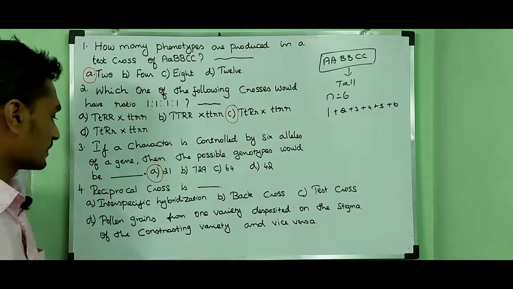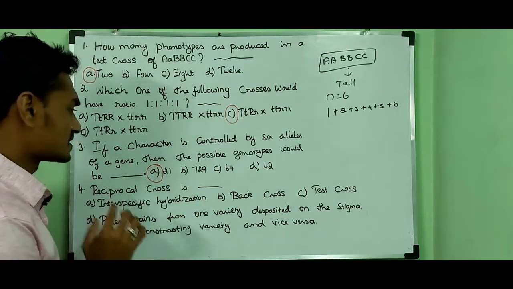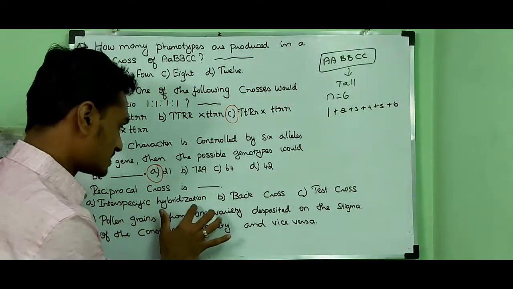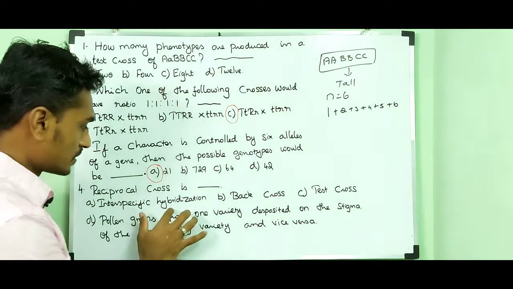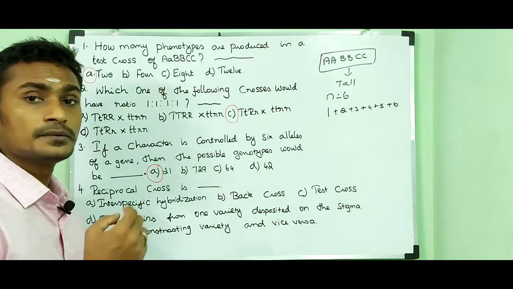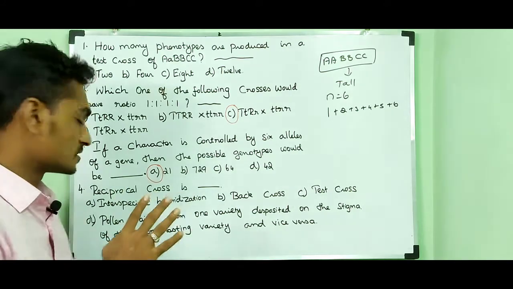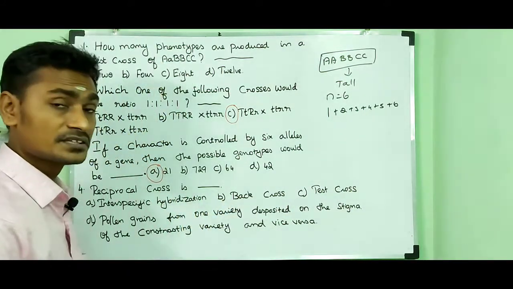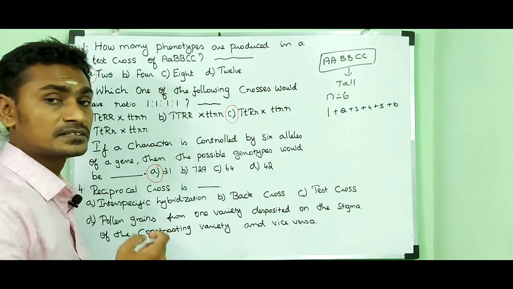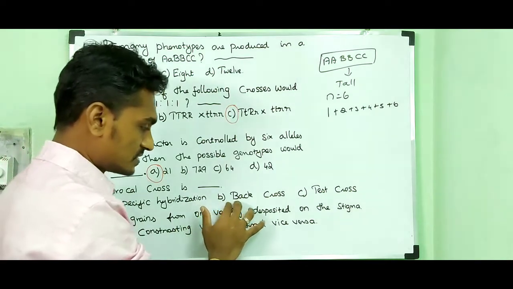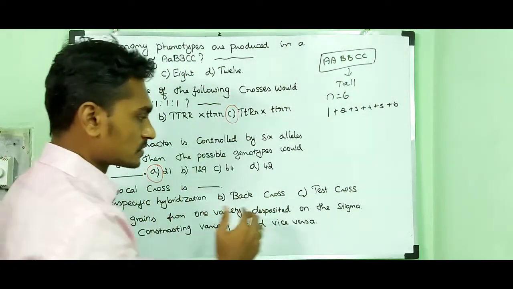The fourth question: reciprocal cross is dash. Option A, interspecific hybridization. Interspecific hybridization means a cross made between two different species, so it is a wrong answer. Back cross is when the F1 generation is crossed with either of its parents, so this option is also wrong.